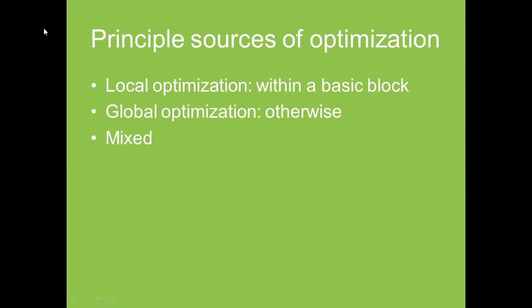If you are applying the optimization within a basic block, suppose within B1, and again within B2, B3, that is called local optimization. Otherwise, it is called global optimization. But if you are applying both types of optimization, at the block level and also outside the blocks, then that is called the mixed one.